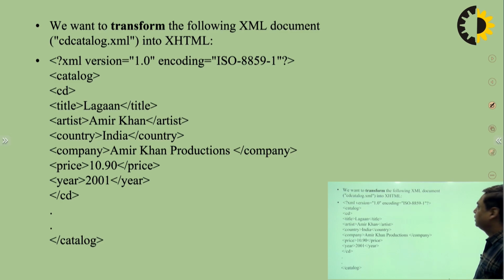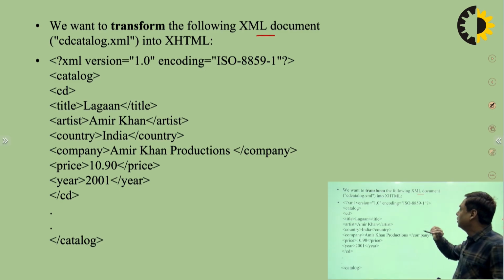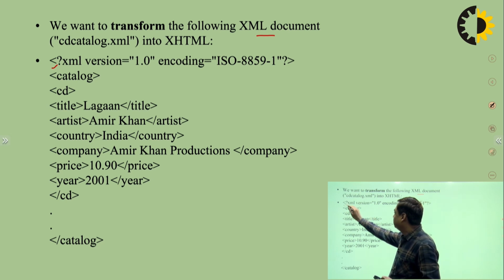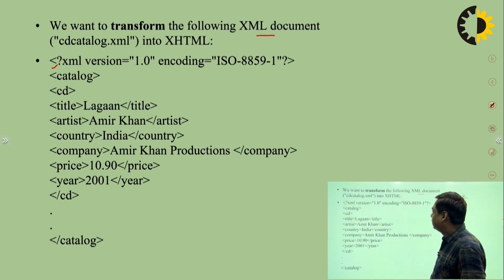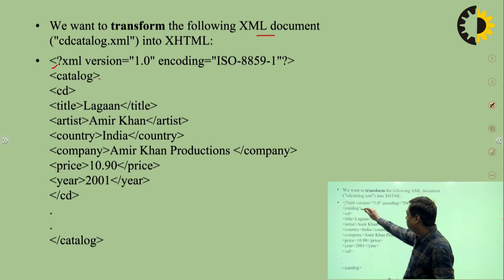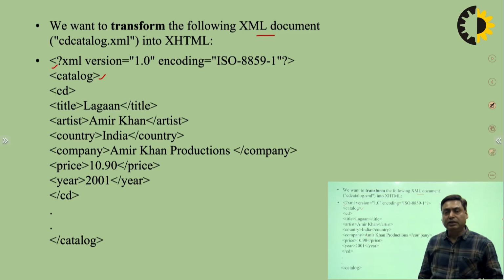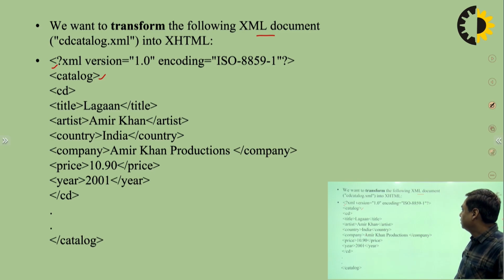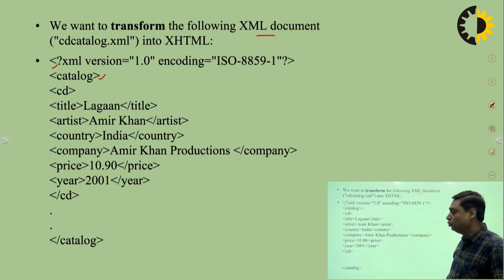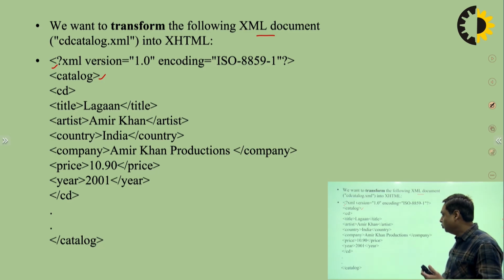Next, going with an example. It is an XML document. You can understand it is XML, and the root element is catalog. Basically, this is an XML file that consists of a list of movie titles, or you can say a list of CDs, and each CD has some information related to the movie.